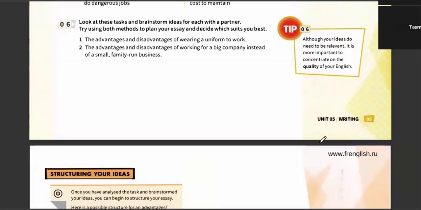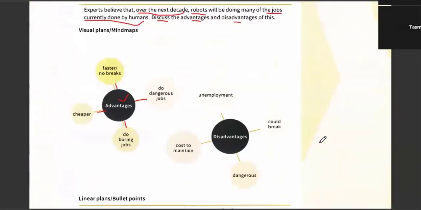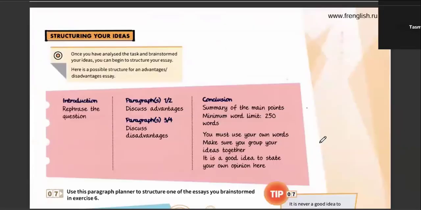So now that we know how we can analyze and how we can brainstorm, the last part of planning is to sum all the ideas up into a structure. So we all know what a structure should be in an essay, right? It's very easy for all the writings. It's more or less the same.